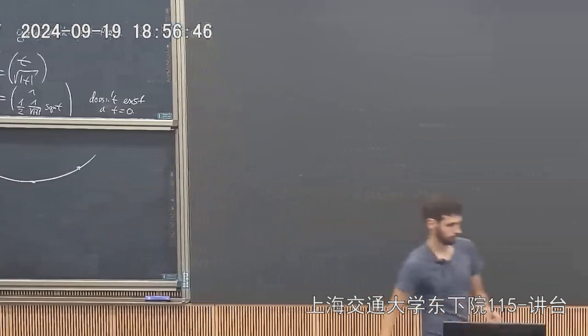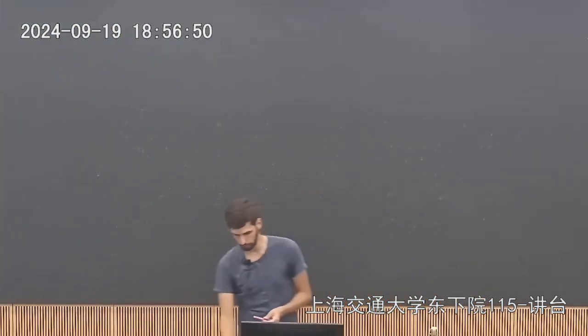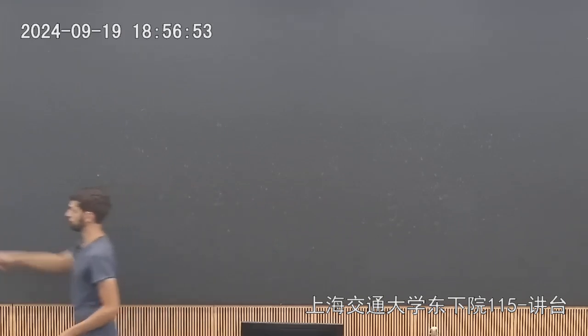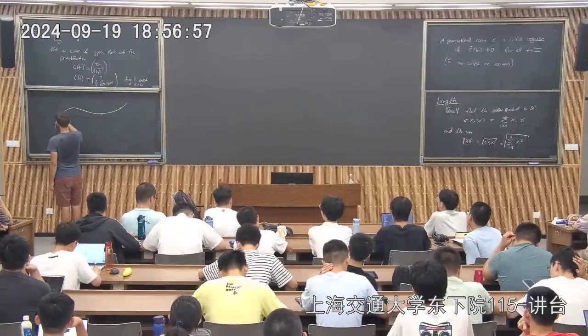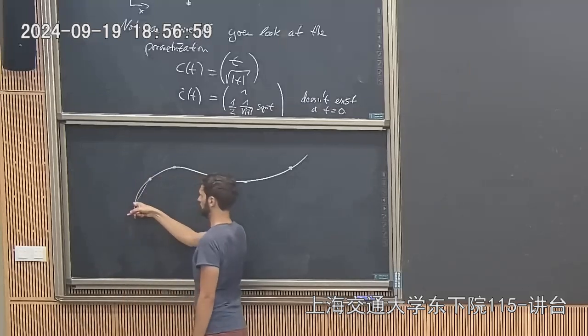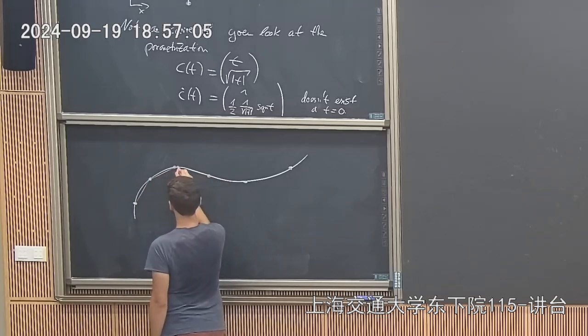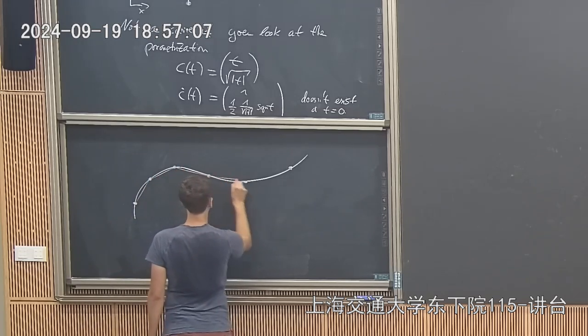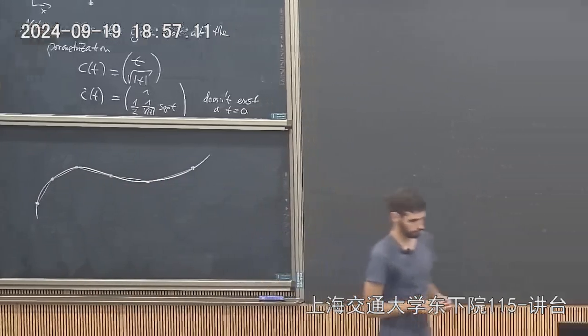So the idea is we want to define how long a curve is. And what we do for this is we choose certain points and then we measure, as an approximation, the length from this point to this point by taking the straight path, and then from this point to this and so on. So that's just the straight lines.